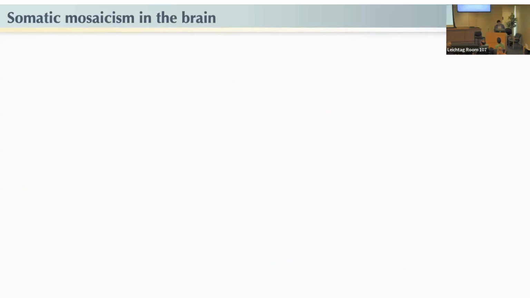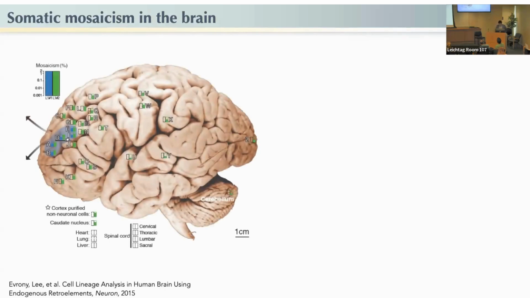For this part, I'd like to talk about somatic mosaicism in the brain. Joe Gleason is here, and I had a chance to work with him a little bit through a consortium. There may be other experts here, but I'll try to give you my take on this. Just like many other things we do in the lab, I got into this because we had developed some tools for cancer genomics, and then the people working on the brain side came to me and asked, could we apply that technology to brain data?